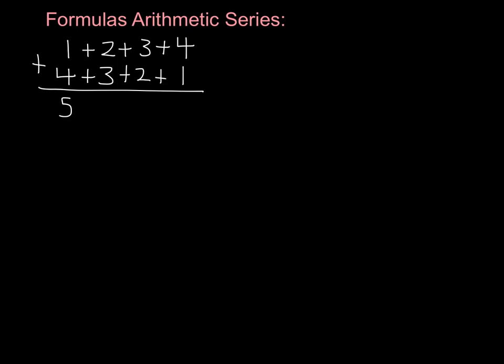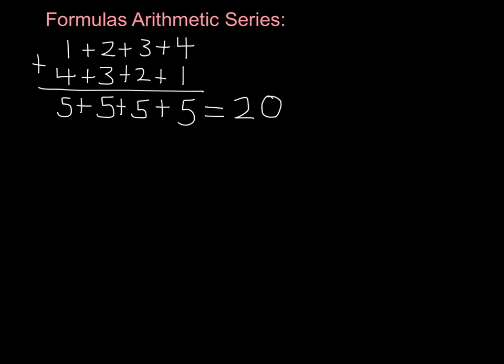This will give us 5, this will give us 5, this will give us 5, and this will give us 5. And now we add them, and this will give us 5 plus 5, 10, plus 5, 15, plus 5, 20. And that will be the arithmetic series of this sequence. Of course, we can apply this concept for more difficult numbers, but it's just to understand what the Gauss addition is.